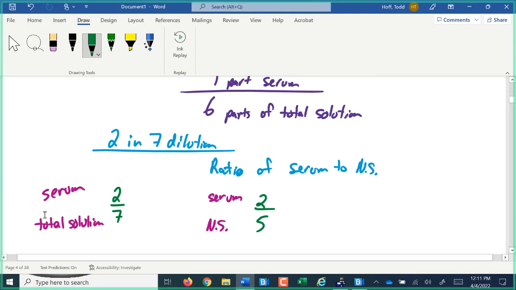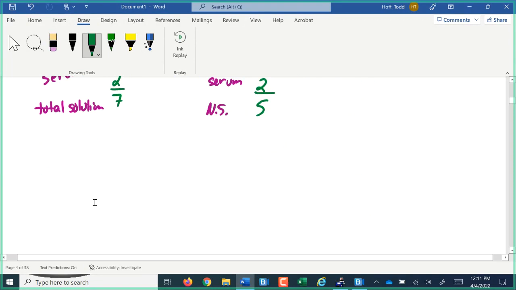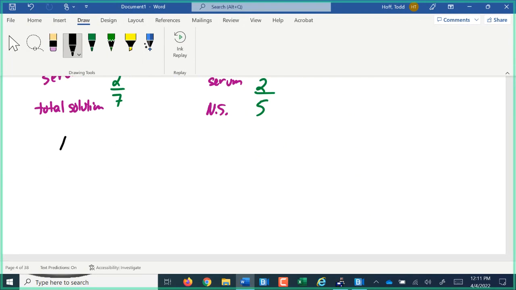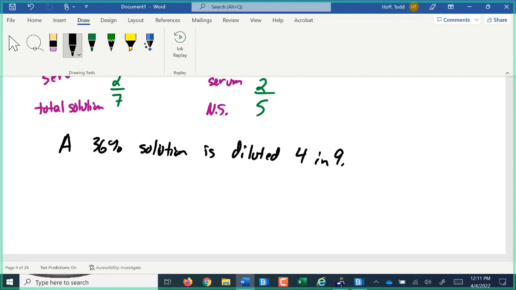Other things we looked at were adjusting the concentration of a solution. So let's say we have a 36% solution diluted 4 and 9. Find the new concentration.